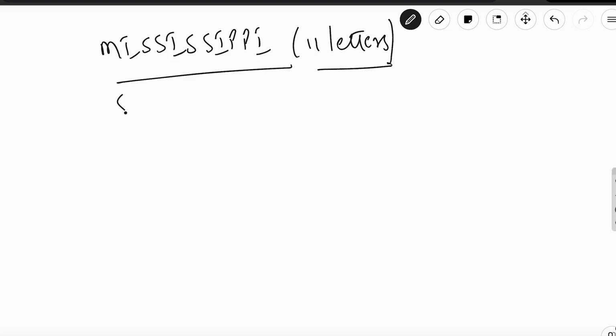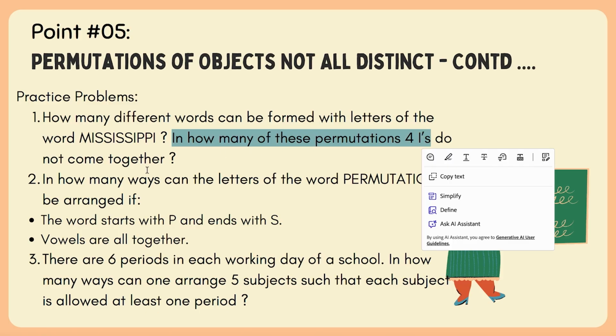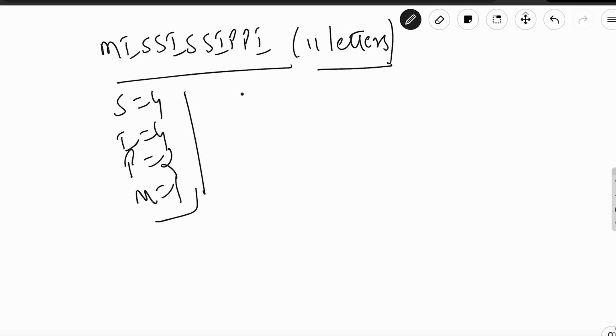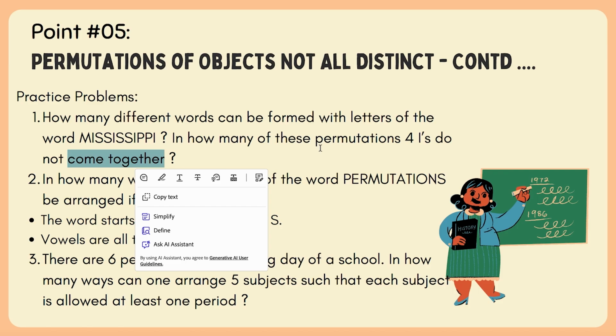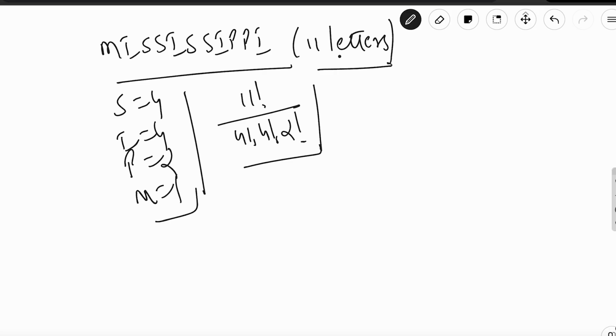S is occurring 4 times, I is occurring 4 times, P is occurring 2 times, and M is occurring 1 time. It is giving the condition: in how many of these permutations do the 4 I's not come together. So we saw total is 11 factorial divided by 4 factorial into 4 factorial into 2 factorial.